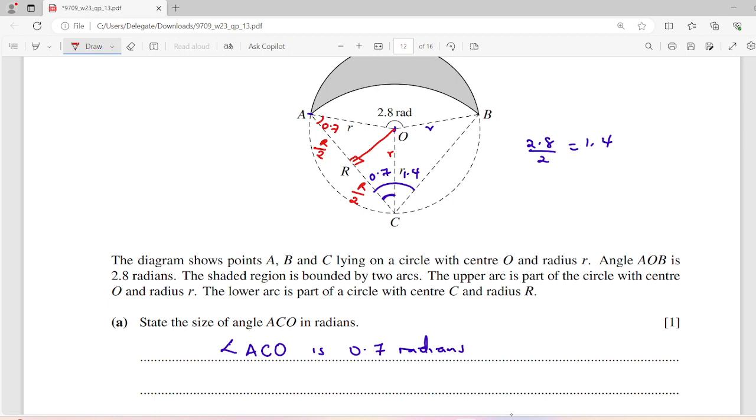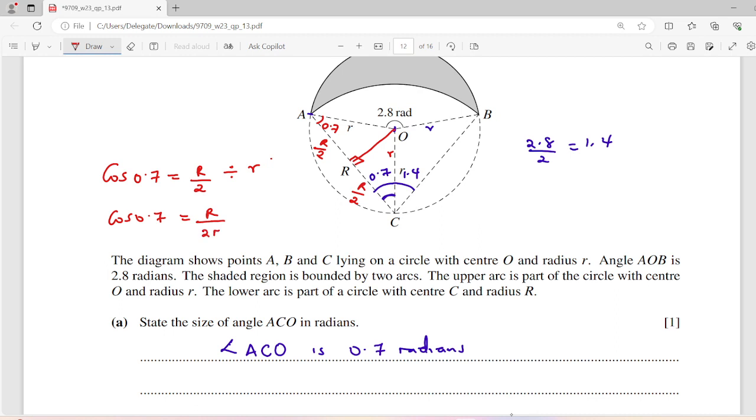So if I'm to use cos, because I have adjacent and hypotenuse, I'll say cos. This working is on part B, please. Cos 0.7 is equal to adjacent, which is r out of 2, divided by the hypotenuse, which is R. So cos 0.7 equals r over 2R.